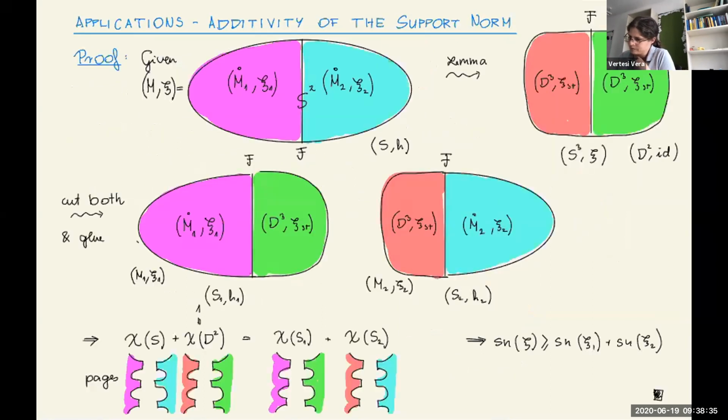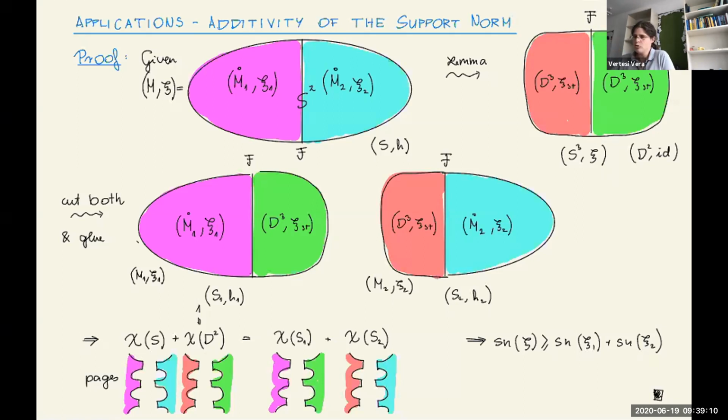Then, using this embedding, you can prove the additivity of the support norm. You have your S2 here, which has this particular foliation coming from a tight contact structure, because the connected sum is tight. Right? A connected sum of tight contact structures is tight. So this one has a foliation, and by the previous lemma that foliation can be realized as an embedding in the trivial open book of S3.